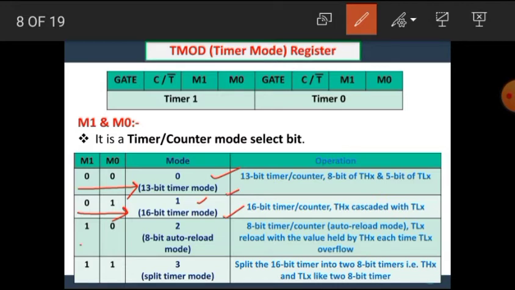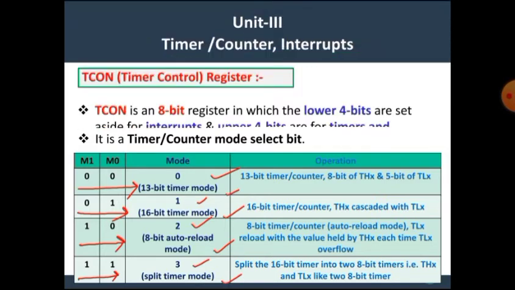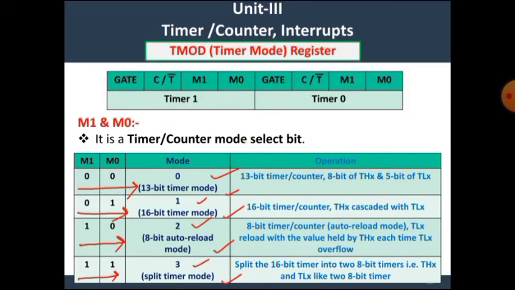When M1 equals 1 and M0 equals 0, then mode 2 is selected, which is the 8-bit auto reload mode. And when M1 and M0 both have value 1, then mode 3 is selected, which is the split timer mode. I hope you all understand the basic functions of the pins of the timer mode register.